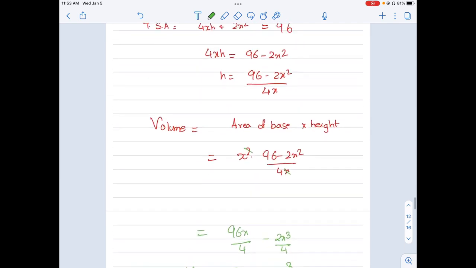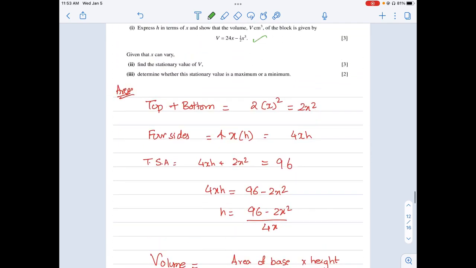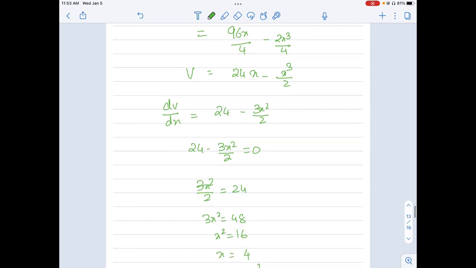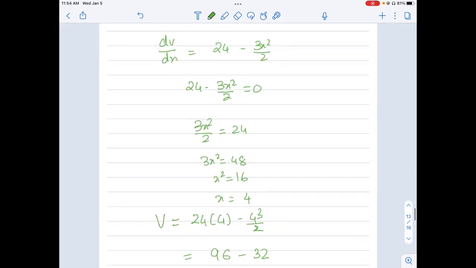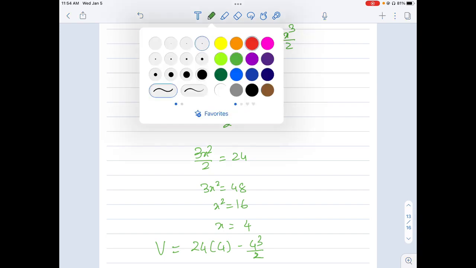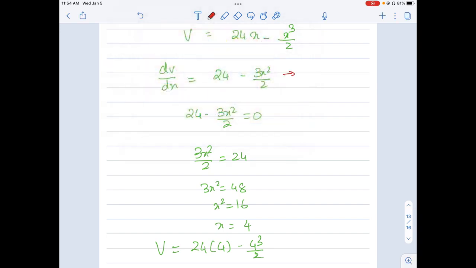Now coming to the next part, what is being asked: determine whether this is a maximum or minimum. For maximum or minimum, what should I be doing? I should find the second derivative. This was the first derivative, so immediately I find the second derivative. It becomes minus 6x upon 2, which is negative 3x. So I find the second derivative value at x equal to 4.